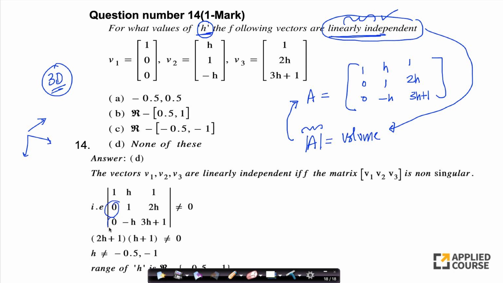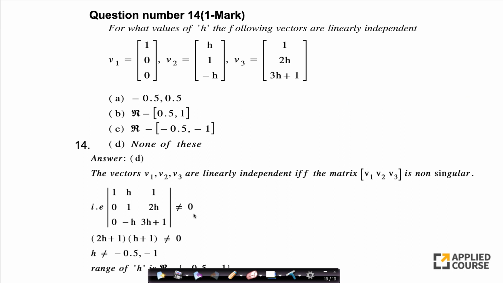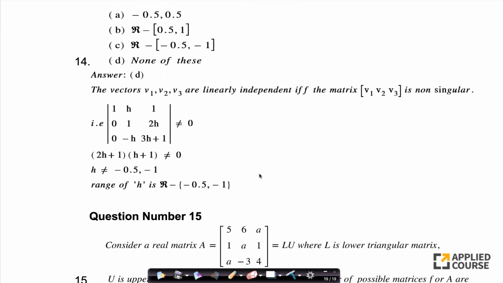Since these two are 0, we don't have to worry about them. This whole thing will boil down to this form. Okay, again, look at the form that I'm trying to get this into. I'm trying to get this into some multiplicative form which is not equal to 0, so that I can easily get the values of h. Right? So let me just scroll down a little so that this is clearer. Okay.